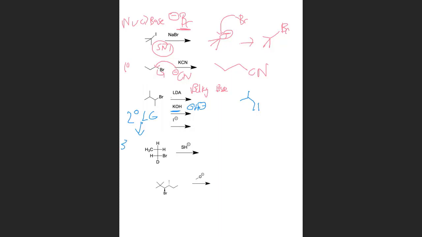It has a tertiary neighbor. Because this is a tertiary group right here, this is going to cause steric hindrance for SN2. So E2 is going to competitively win. And so what happens is you form the Zaitsev product like this. So this is why E2 is going to be the major product.